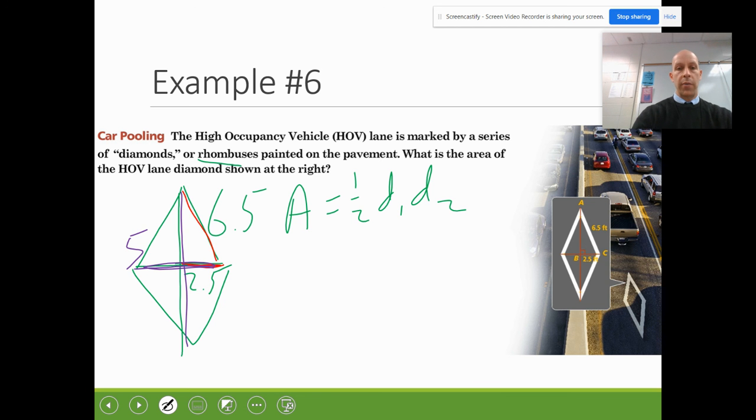So we're going to have to use the Pythagorean theorem. So we've got to do 2.5 squared plus, and I'll just call it x squared, equals 6.5 squared. I'm going to go ahead and use my calculator again. We're going to do 6.5 squared, and then minus 2.5 squared. And that turns out to give us that x squared is 36.